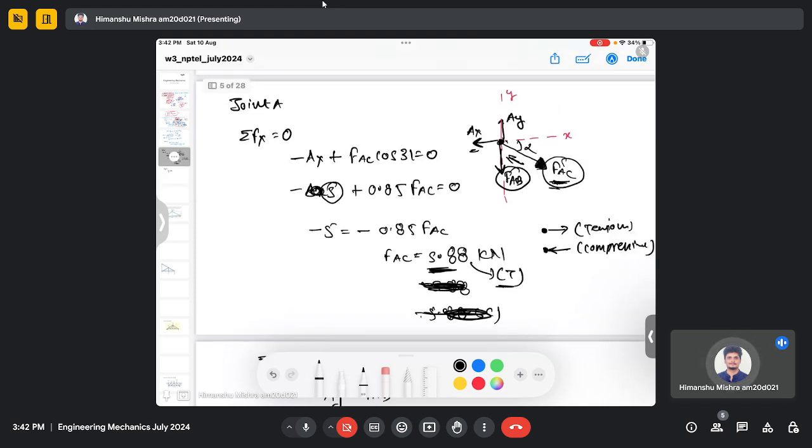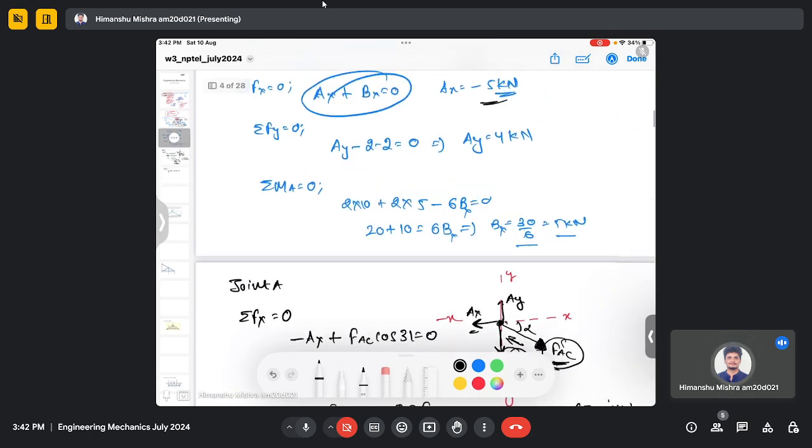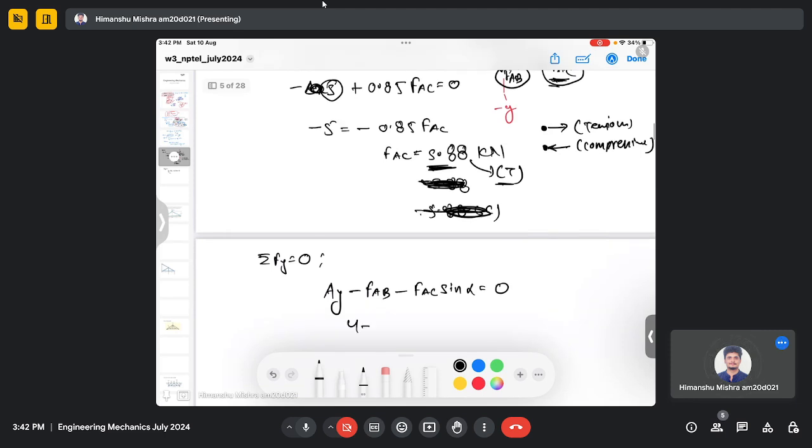Our assumed direction is in minus y axis, so this is minus y, this is minus x, and there will be a component of force as well, which is minus FAC sine alpha. So we know Ay is 4 kilonewton, and force AC is 5.88 sine 31 equal to 0.